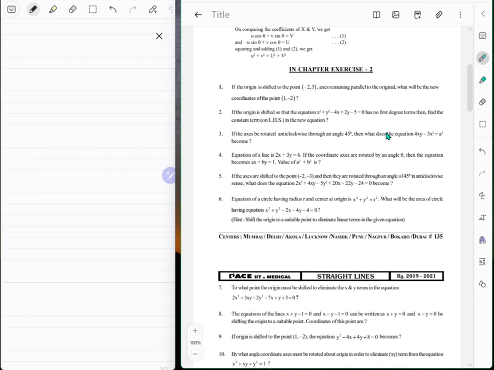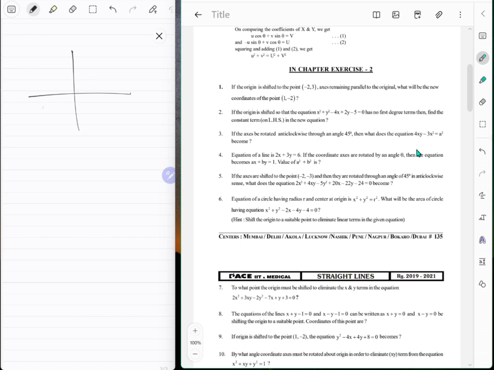If the axis be rotated anti-clockwise to an angle 45 degree, then what does the equation 4xy minus 3x squared equal to a squared become? So just rotate them, don't shift them. What does this equation become? So let's think of a point.